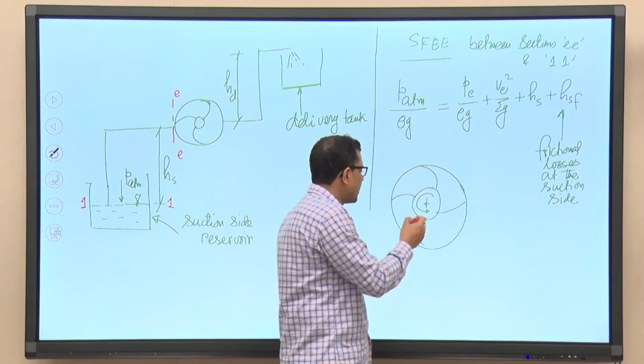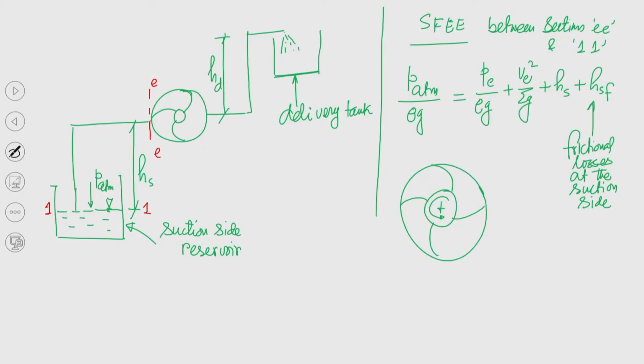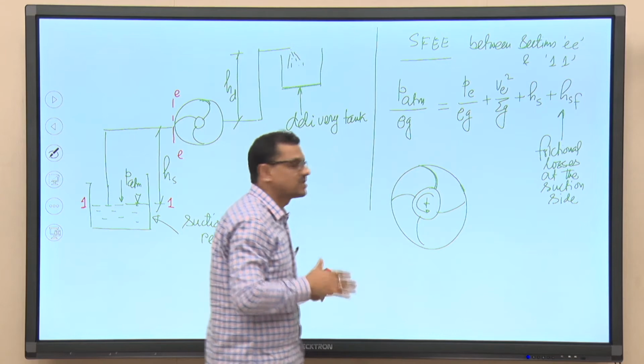Now, what will happen when the liquid is approaching the leading edge of the inlet vane? So, this is the pump vane or pump blade, the leading edge of the pump vane or blade at the inlet. Up to that location we need to be careful that pressure should not fall.